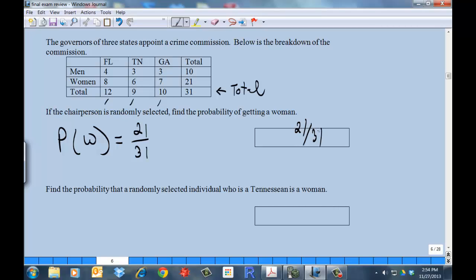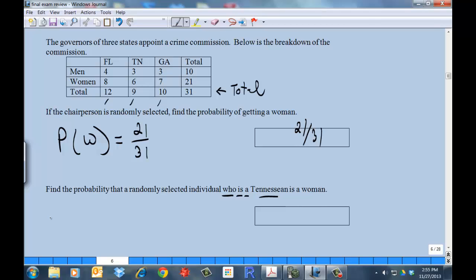Now, the next question deals with conditional probability. So let's read through and find out what they're asking. Find the probability that a randomly selected individual who is a Tennessean. So who is a Tennessean? That's kind of the given part, is a woman.